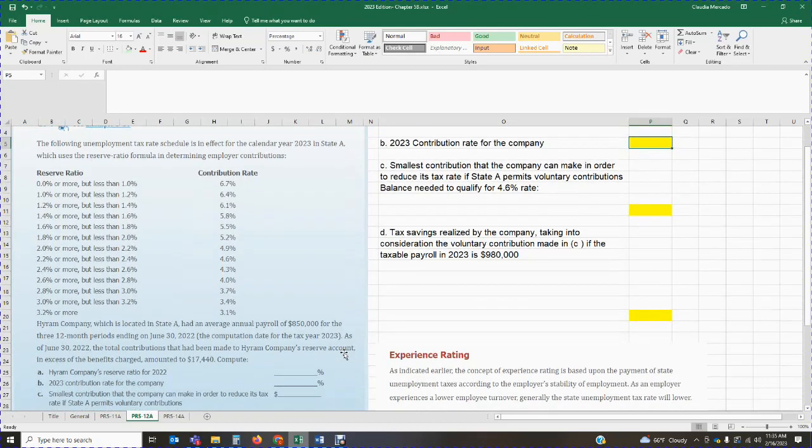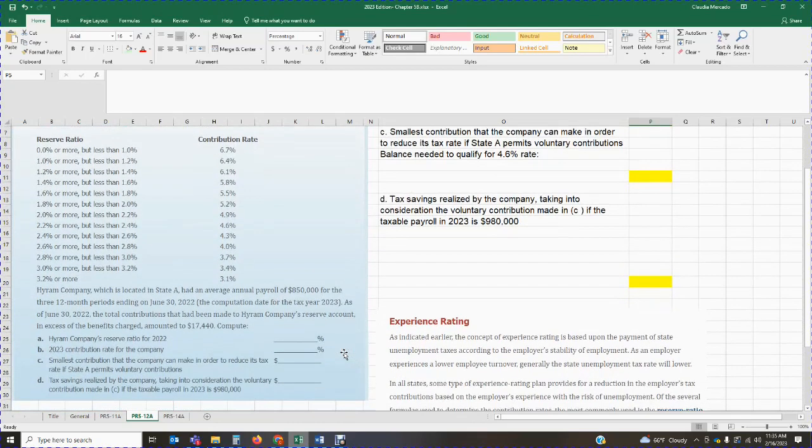It says Hiram Company, which is located in state A, had an average annual payroll of $850,000 for the three 12-month periods ending on June 30th, the computation date for the tax year 2023.